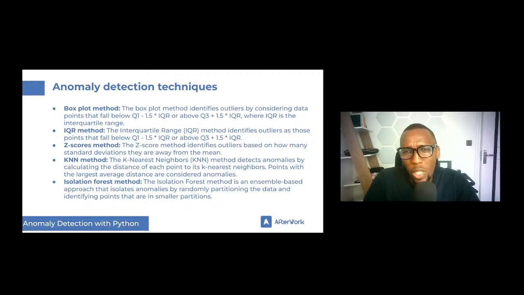So this particular technique uses multiple machine learning techniques to identify outliers within a data set, hence the reason why it's called ensemble based, because it uses multiple trees essentially, and as a result you're able to get your outliers.